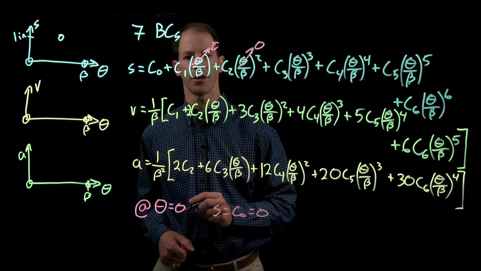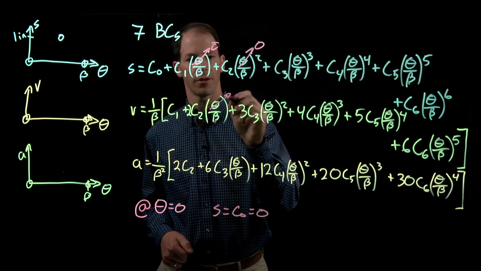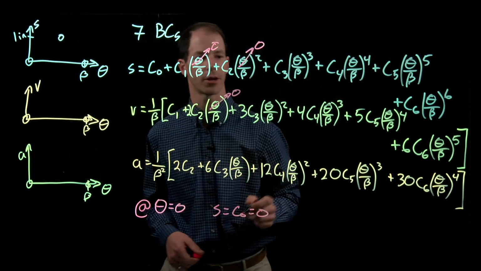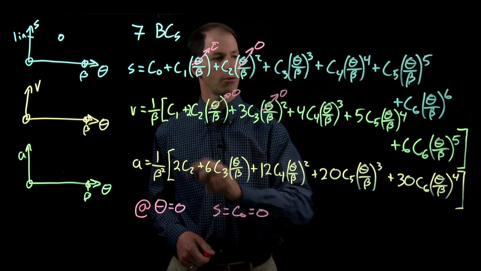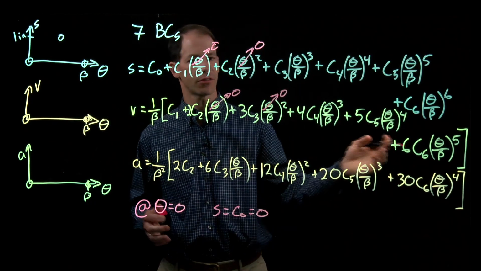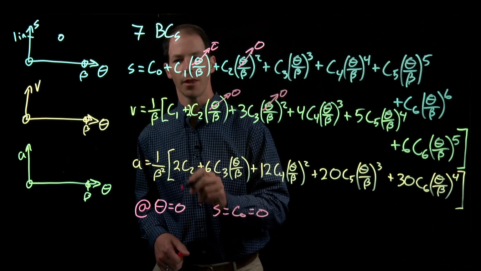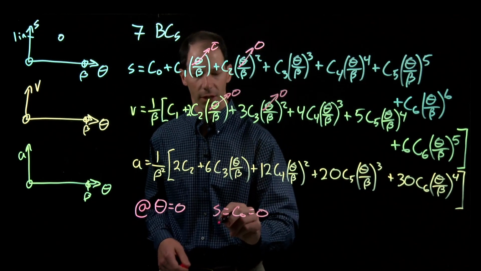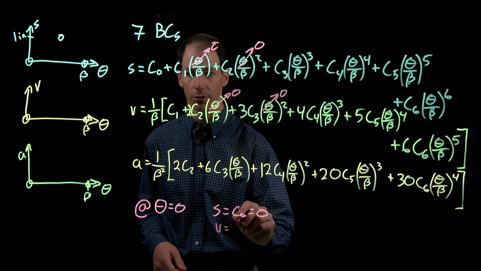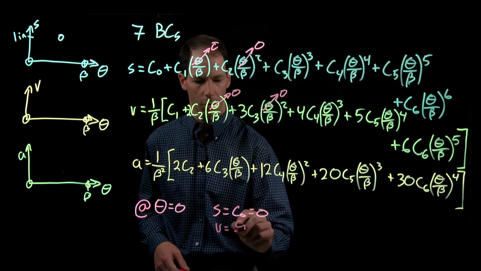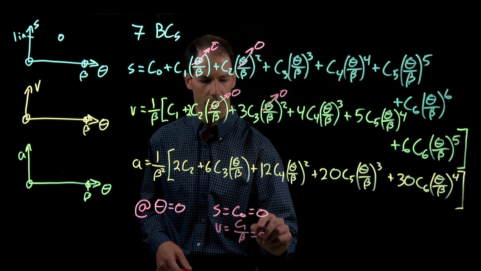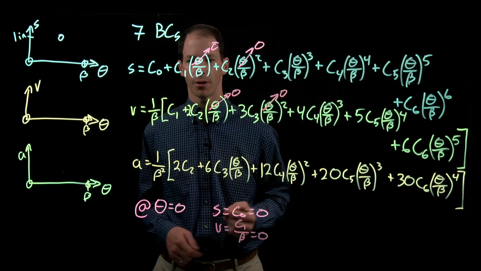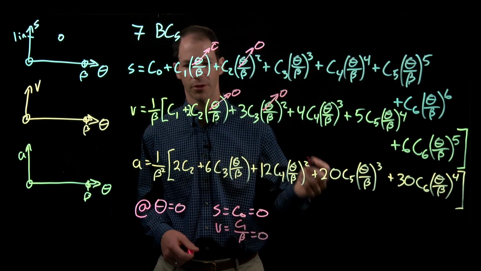When I go to my velocity equation, again I set all of these thetas equal to 0. That's the left side of that boundary condition. When I do that, all of them disappear, and therefore I only have C1. I get that the velocity is equal to C1 over beta, which is also equal to 0. So I've got two coefficients now that have disappeared.